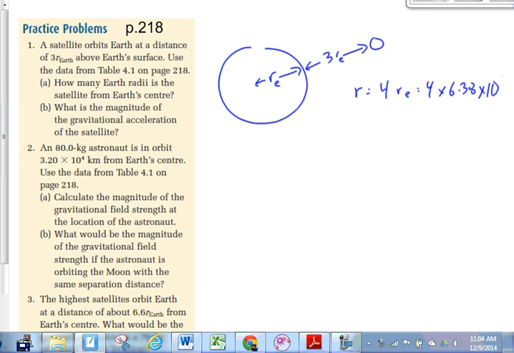Is that the right number for the radius of the Earth? Okay. Multiply that by 4. What do we end up getting there? 2.552 times 10 to the 7 meters. Okay, that's R.